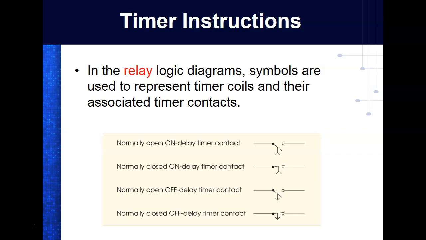We have an on delay normally open, an on delay normally closed, an off delay normally open, and an off delay normally closed. Are you okay on these? Yeah, all you gotta do is it makes sense, right? If it points toward it, it's a what? On. If it points away, it's a what? Off. Now, this is for relay logic.